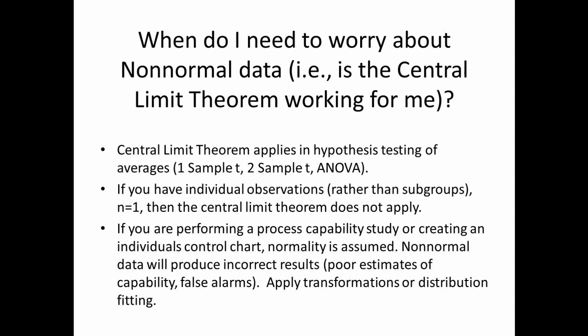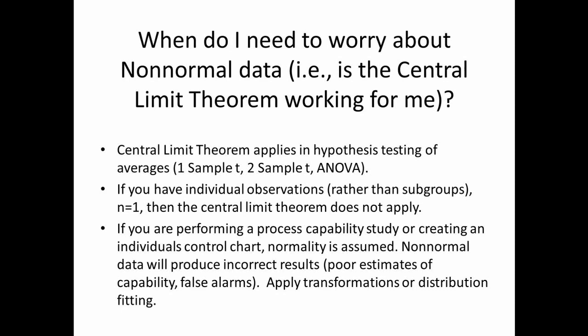This is, of course, where the controversy kicks in, and recently there have been interesting articles on Quality Digest debating to what extent the individuals control chart is robust to non-normality. But I'm in the camp that says, if the data are not normally distributed, the tools are there to help you deal with that, and therefore transformation is appropriate.